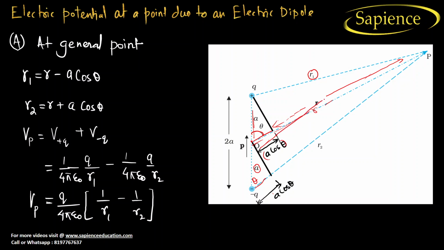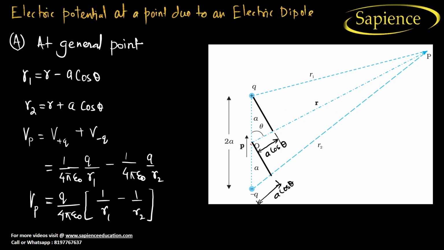So this distance and this distance both will be equal. So can we tell that r1 is equal to r minus a cos theta, because the total distance was r, and this portion I will subtract. So we will get this distance r1. So finally you have got the value of r1.